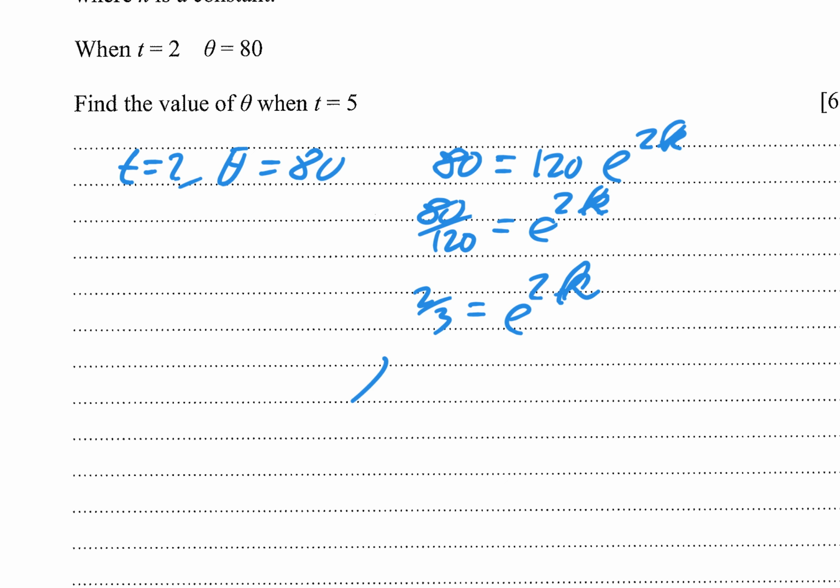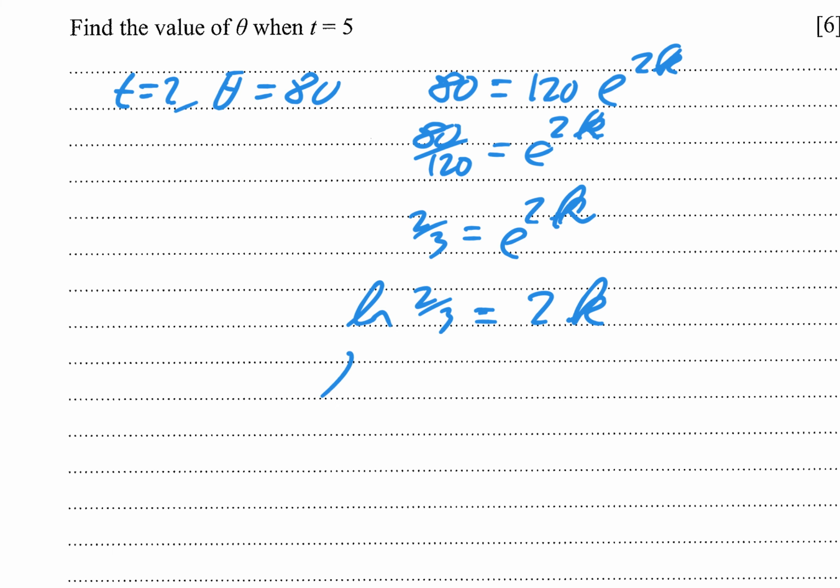You could take ln of both sides, ln of 2/3, and on the right hand side ln and e cancel each other out. They're what's called inverse functions. So you'll just get 2k, which means k is equal to a half ln of 2/3.